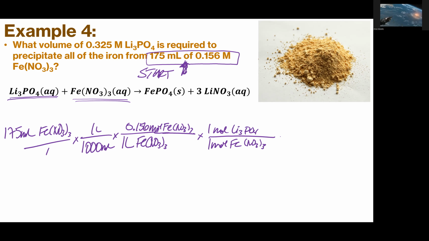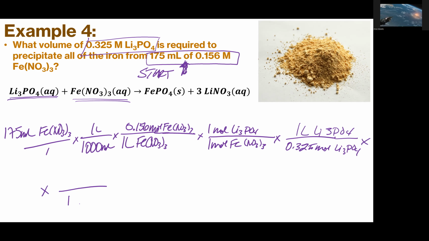Okay. And then our givens tell us that we have 0.325 molar lithium phosphate, so that's 0.325 moles Li3PO4 for 1 liter of Li3PO4. I'm going to go ahead and do one more step to take this to milliliters because that's what I did for my notes.